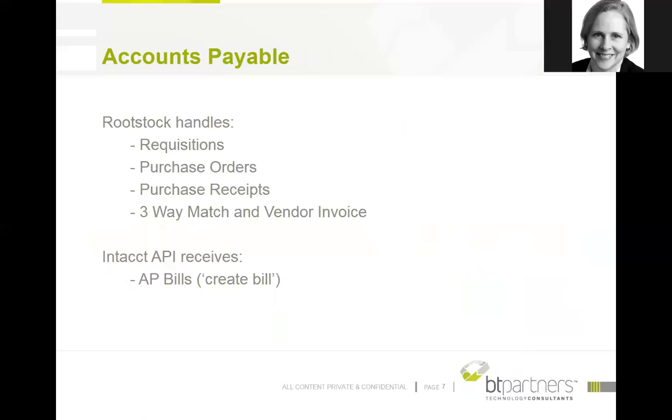There is a three-way match that is done within Rootstock, and you can process the vendor invoice. Once that vendor invoice has been processed, then you can actually push it over into Intacct from Rootstock, and Intacct receives through an API a create bill. So those AP bills come over.